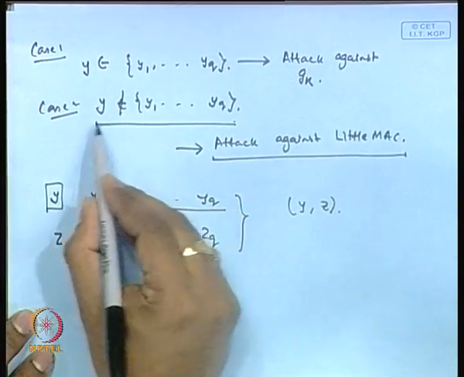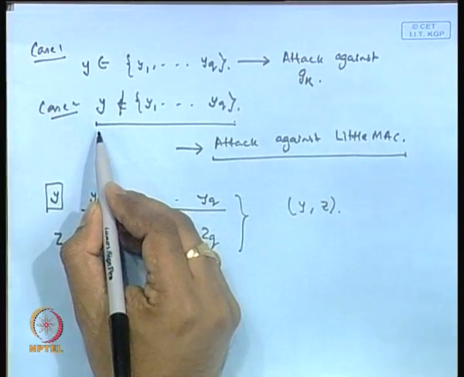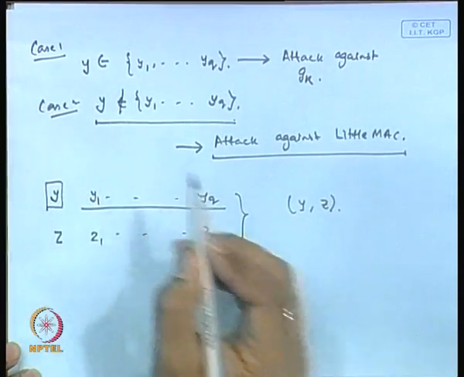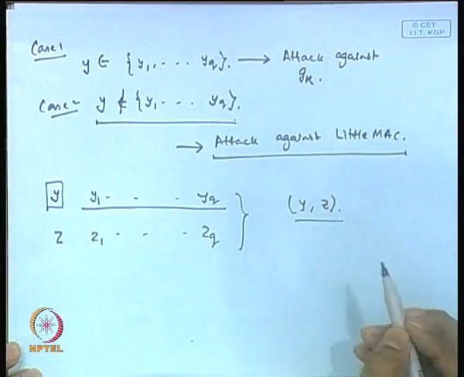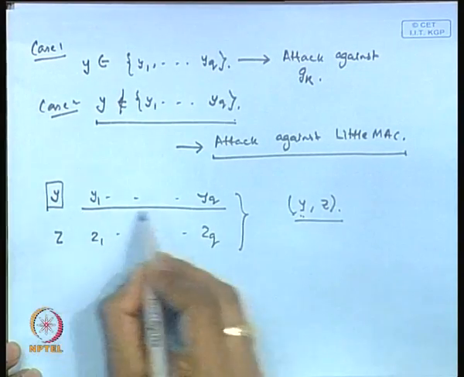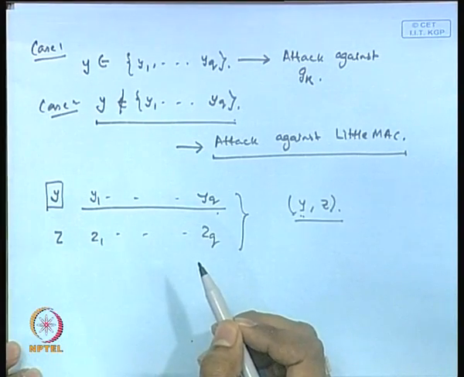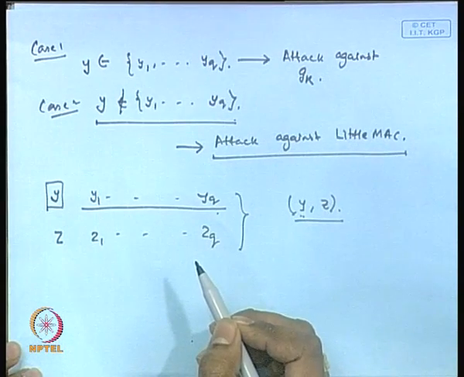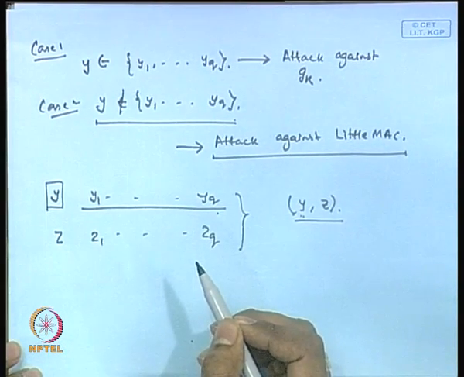So if you consider the attack against only the little mac function, you have a valid pair y comma z where y does not belong to any of the previous queries to the oracle, and therefore this is an attack against the little mac function.